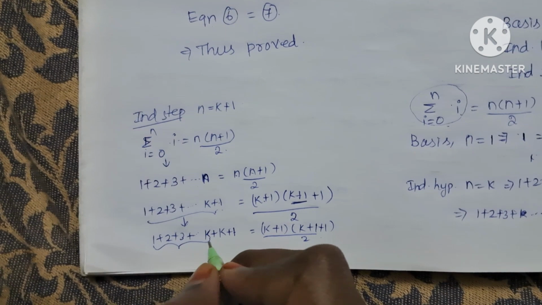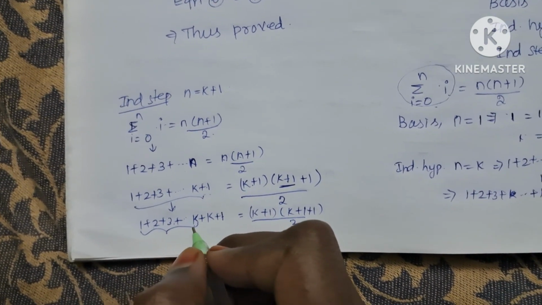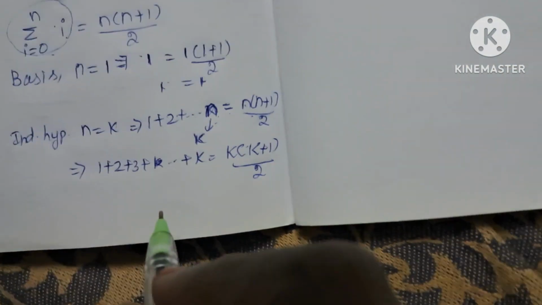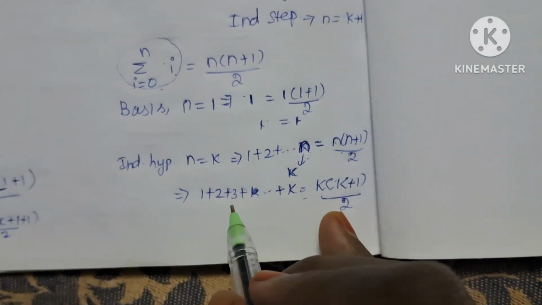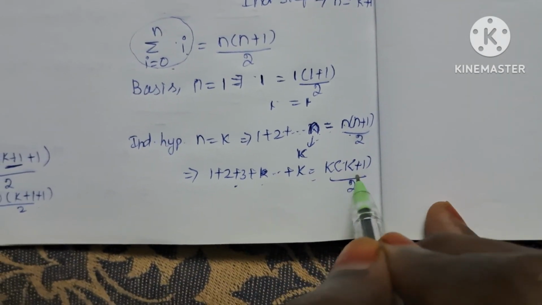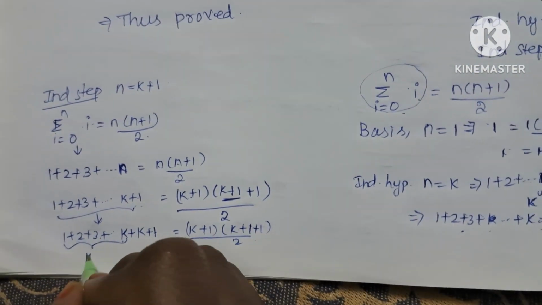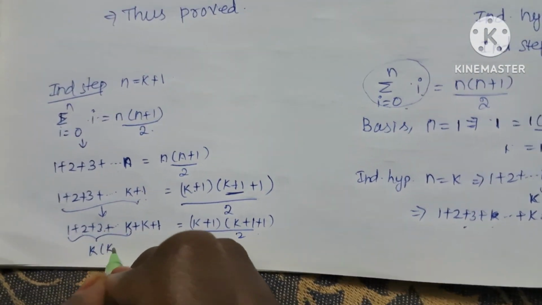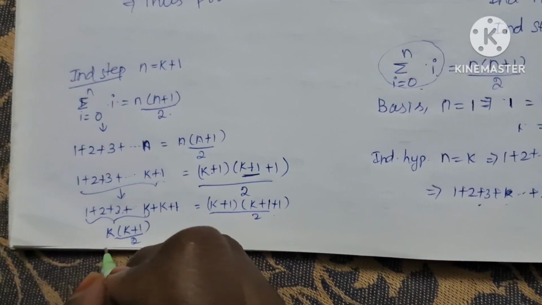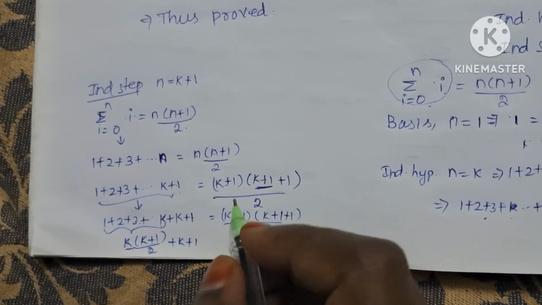Here 1 plus 2 plus 3 plus k can be written as k into k plus 1 by 2. How? From induction hypothesis we obtained 1 plus 2 plus 3 up to k is equal to k into k plus 1 by 2. We are substituting this value here. So k into k plus 1 by 2 plus k plus 1.